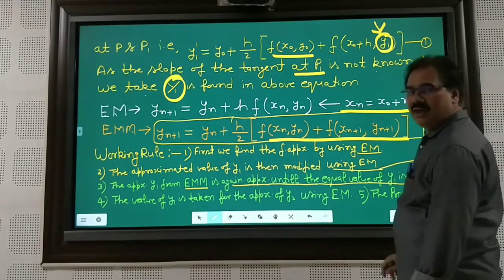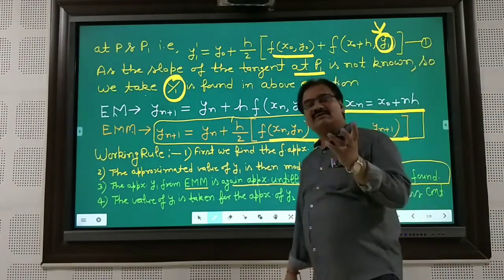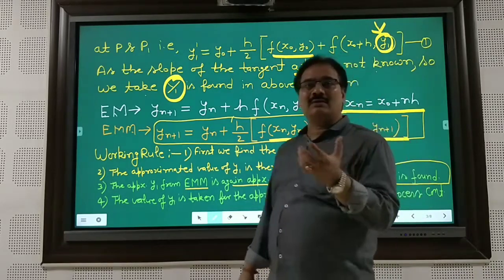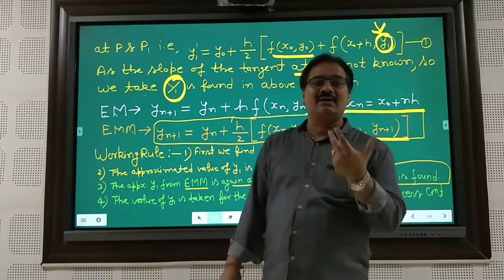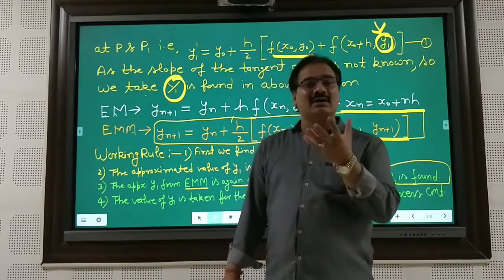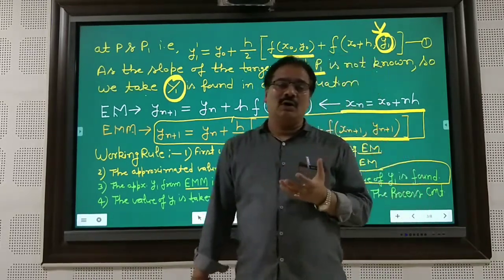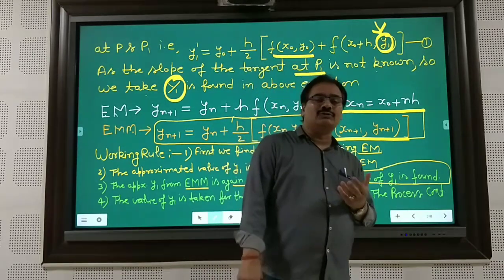What is the meaning of equal values of y1? It depends upon the level of accuracy the examiner is asking, or the desired level of accuracy asked in the problem. Suppose it is given up to 3 decimal places.